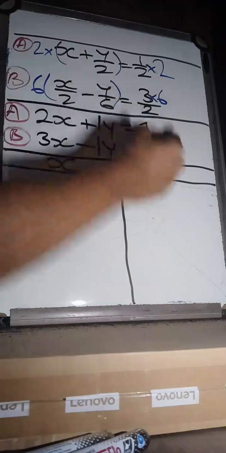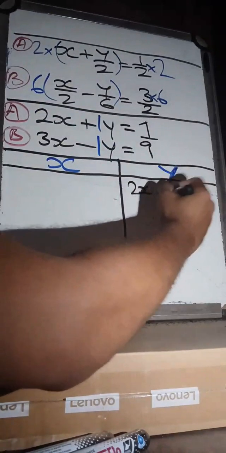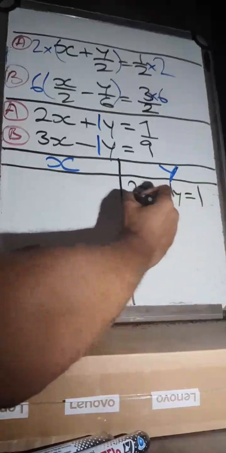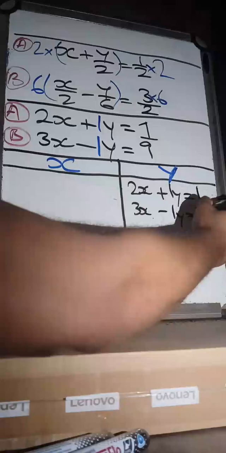When a letter is on its own, the y by itself, there is an invisible 1 in front of it. So they both have the same coefficient, therefore we'll just write that back over here. So we have 2x plus 1y equals 1, and 3x minus 1y equals 9.